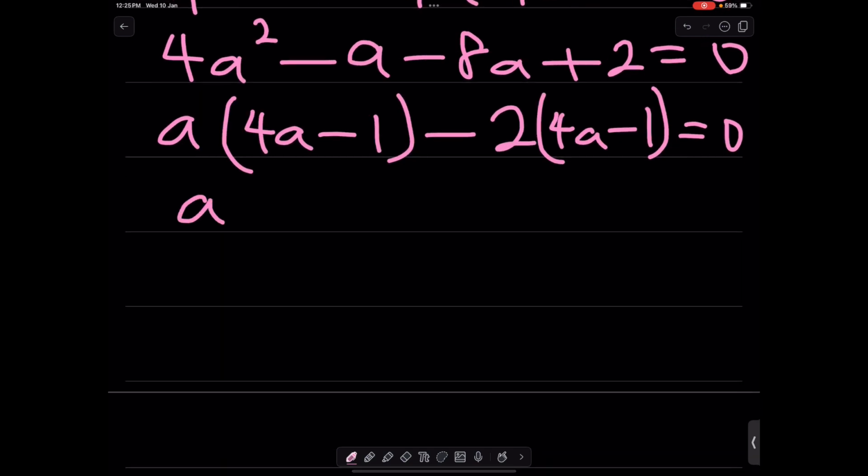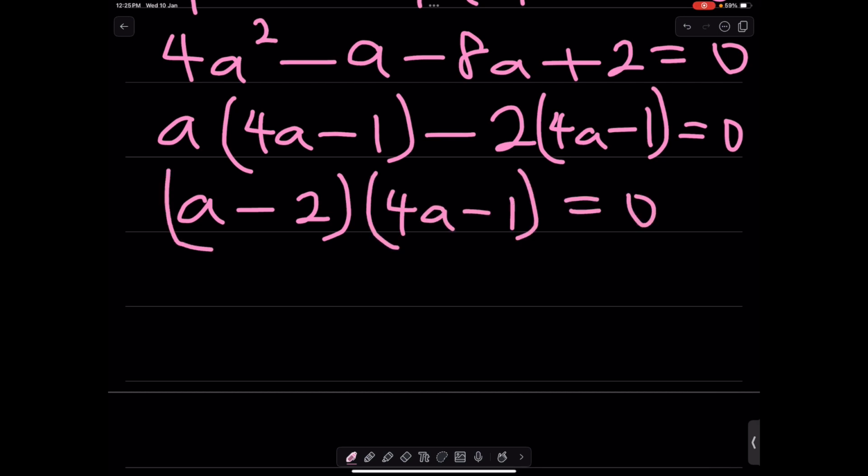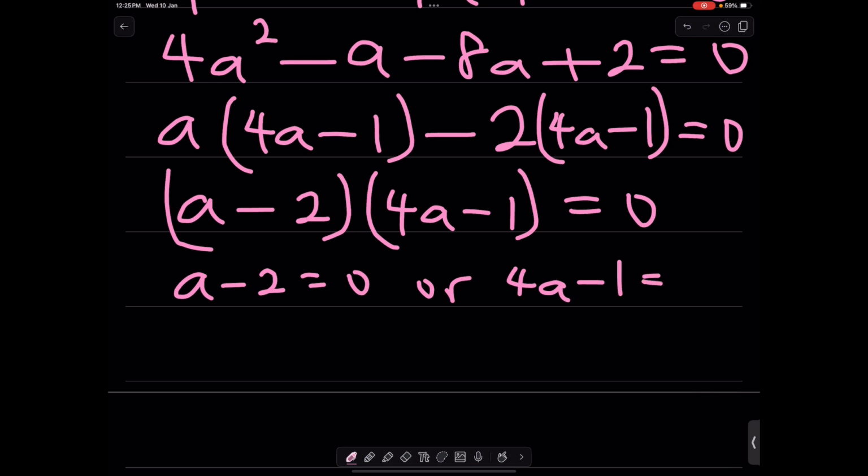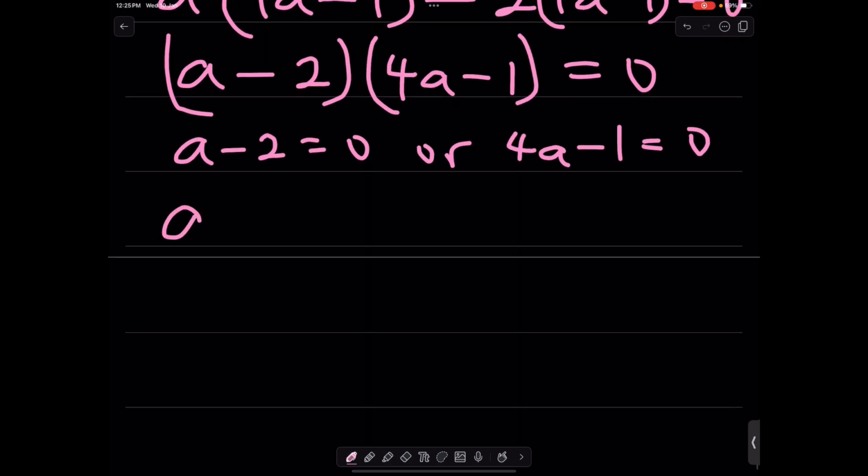And that means a minus 2 times 4a minus 1 equals 0, which simply means a minus 2 equals 0 or 4a minus 1 equals 0. And that simply means a equals 2 or a equals 1 over 4.